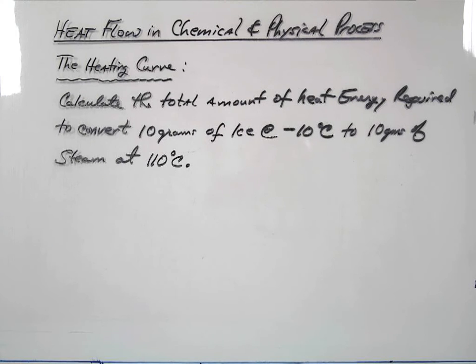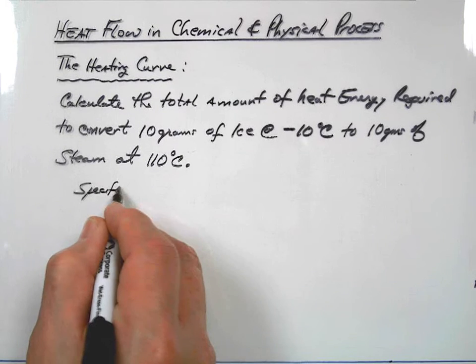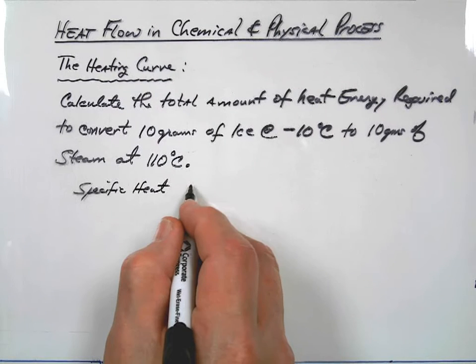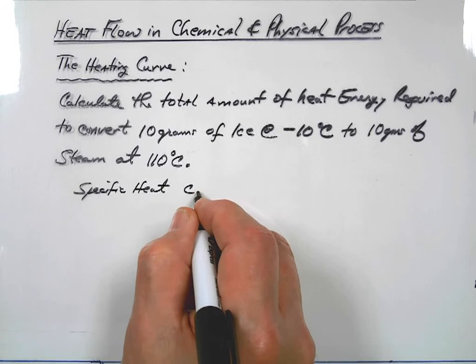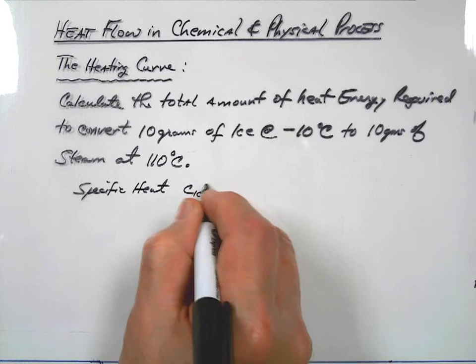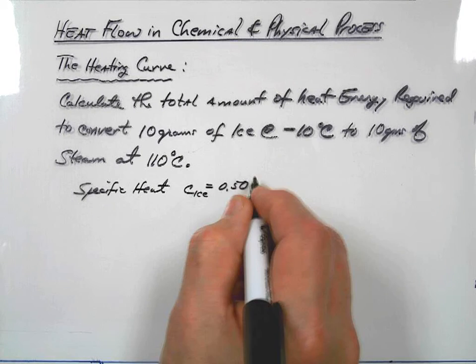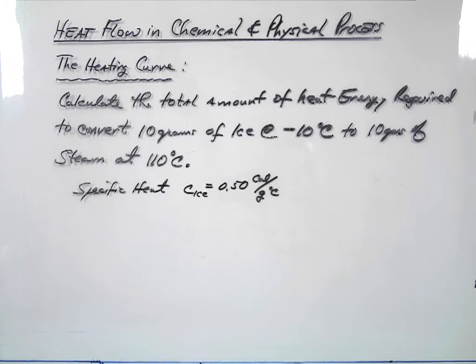Now you need some constants in here in order to do this, and they're called specific heats. Okay, and they are C values. For ice, I'm going to put salt, well, no, I better put ice, is 0.50 calories per gram degree Celsius.